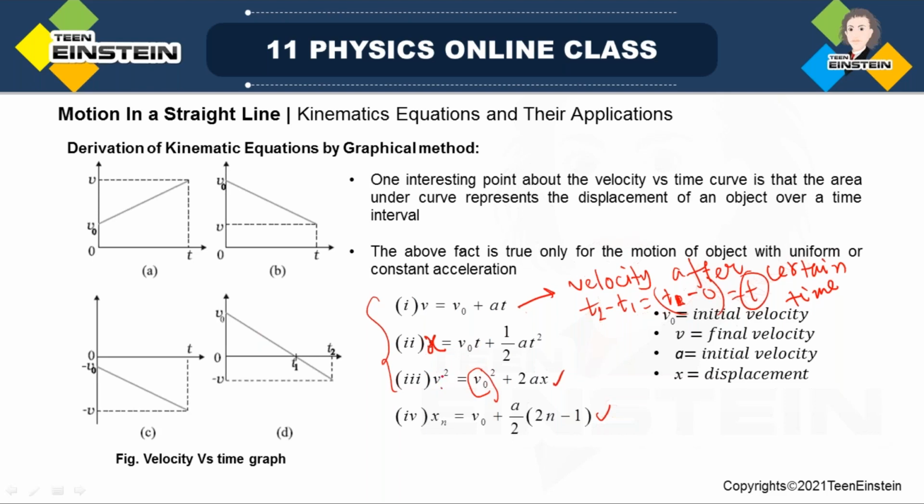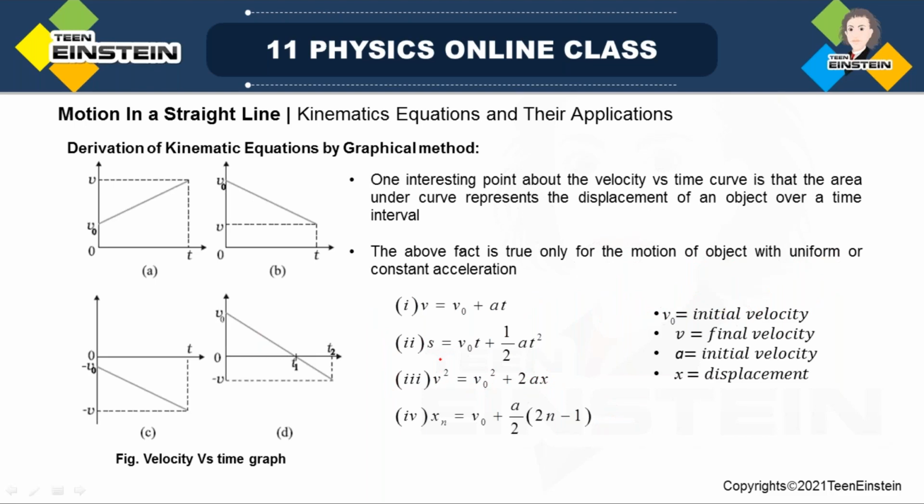In this case, this is the final velocity, this is the initial velocity, this is the acceleration, this is the displacement. So this equation connects the final velocity, initial velocity and acceleration with the displacement of an object. That means if you know the displacement during the course of motion, the acceleration with which the object was moving, and the initial velocity v0, then you can easily find the final velocity of the object.